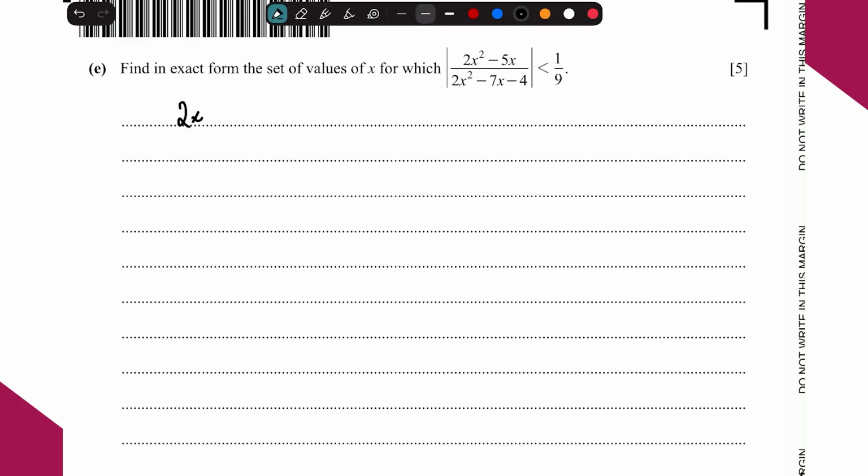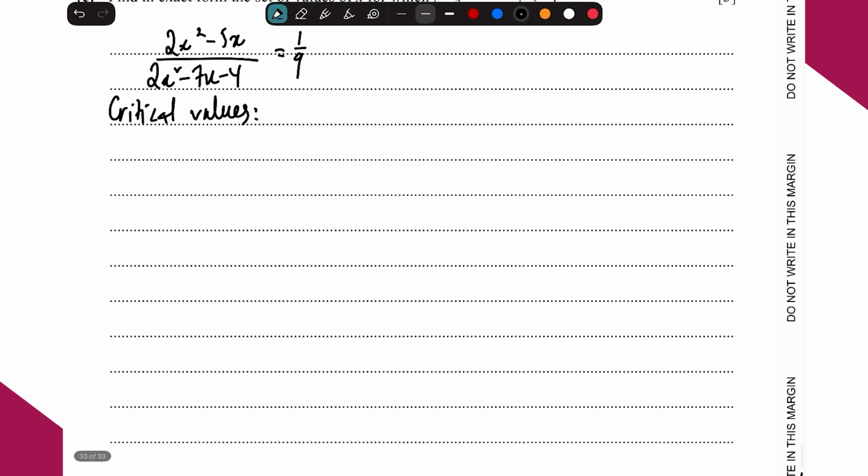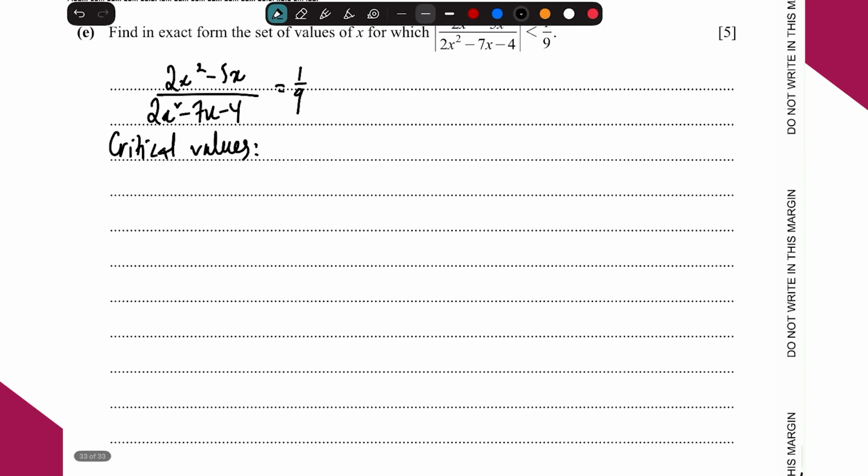So if you just solve the inequality as it is, we want to find the critical values. In this case, all we simply have to do is multiply.